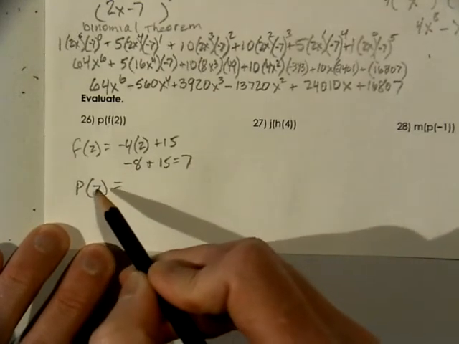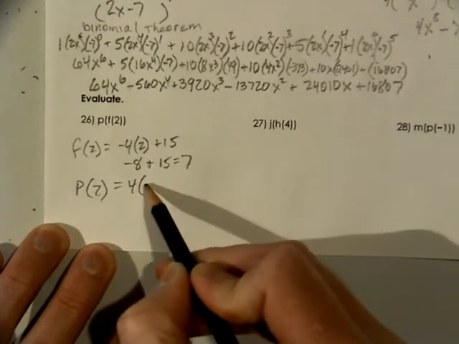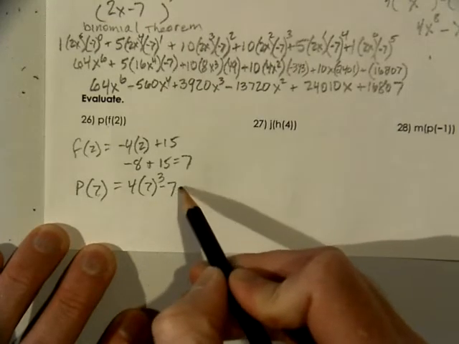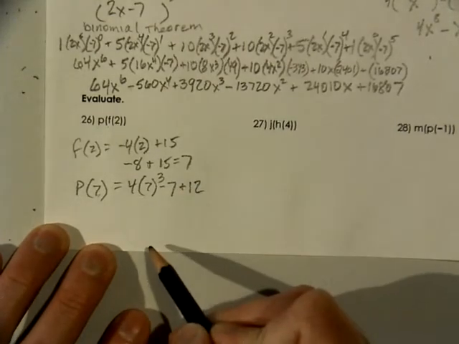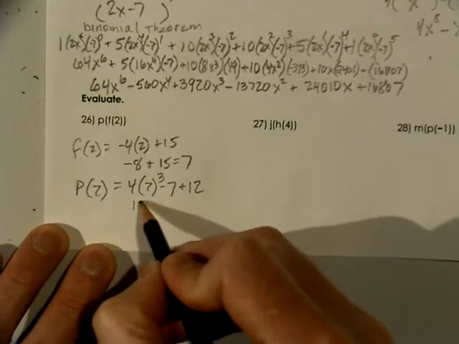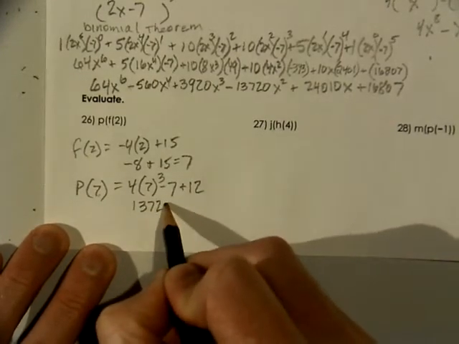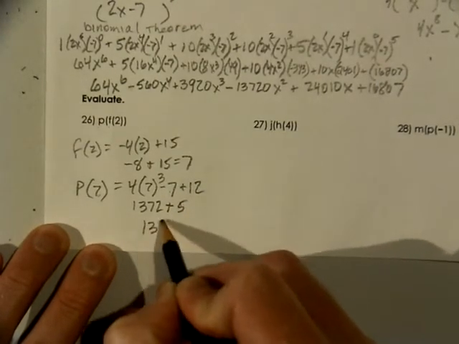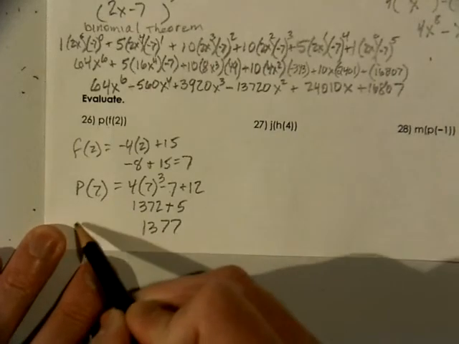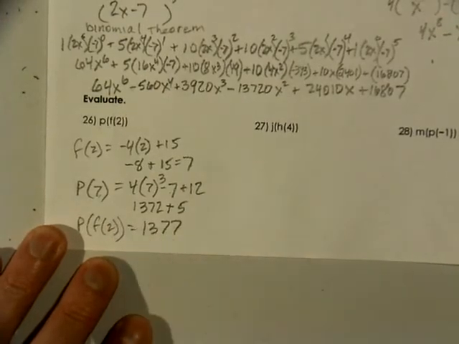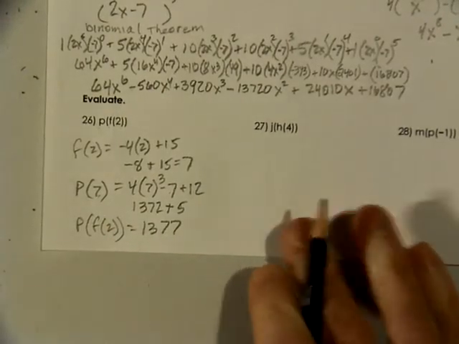The p function is 4 times 7 cubed minus 7 plus 12. So 7 cubed, we did earlier, which was 343, times 4, minus 7 plus 12, which is 5. So p of f of 2 would equal 1,377.